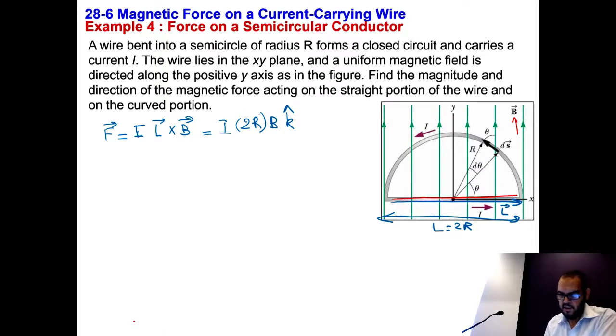In this case, let's take an element ds and determine what is the force on this element ds.